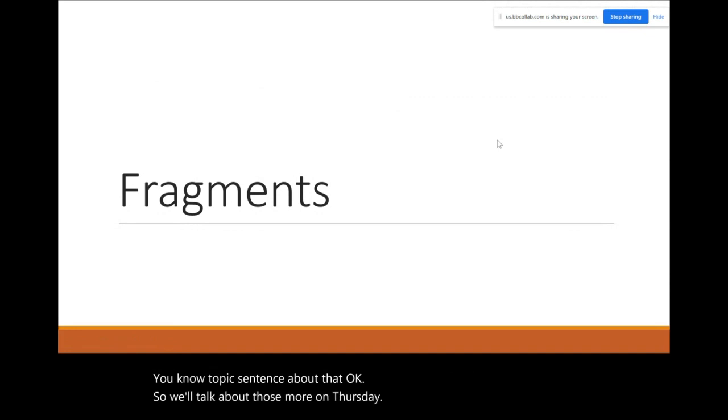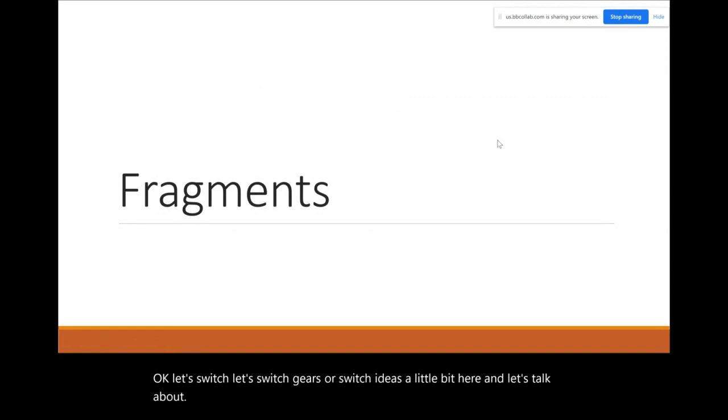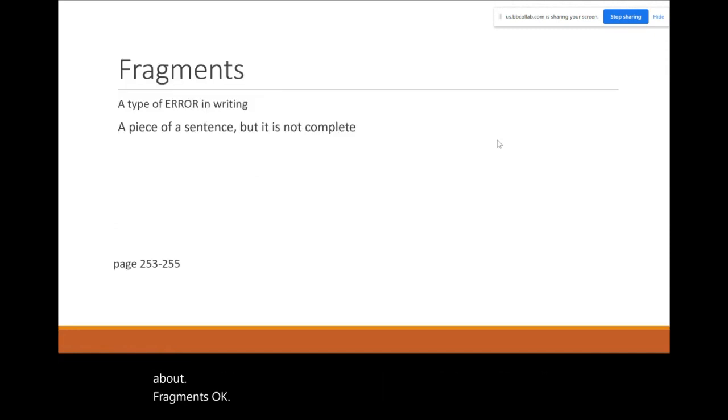Okay, let's switch gears or switch ideas a little bit here, and let's talk about fragments. Let's look at sentence structure for a minute. Okay, so we're looking at page 253 in your book, way over there towards the end.